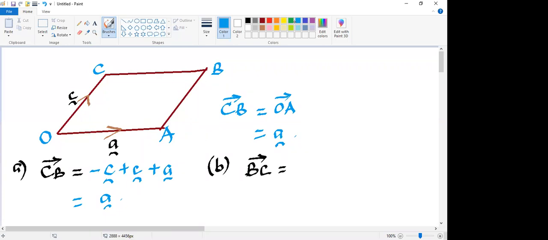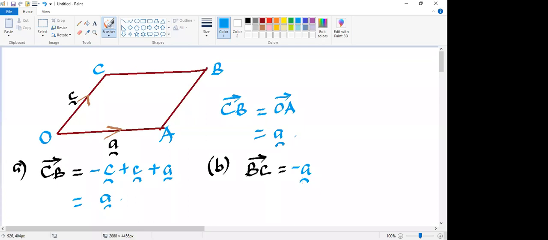If we look at BC, we have said that it is parallel with AO, right? So it is of the vector AO, which is negative A. Enoch, you are saying BC equals vector negative A because it is equal to AO.